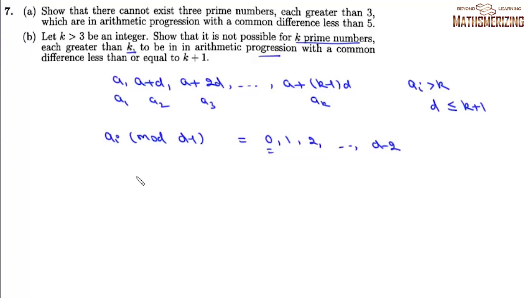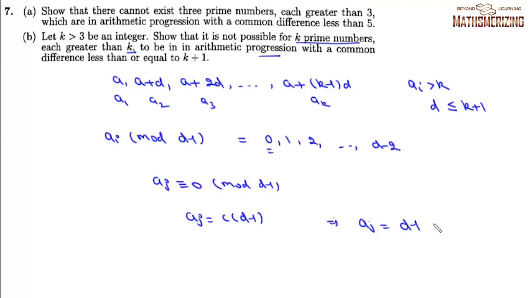So there must be at least one number j such that aj is congruent to 0 modulo d minus 1. That is, aj is some c times d minus 1. Now since all these ai's are prime numbers, that means aj can only be d minus 1.